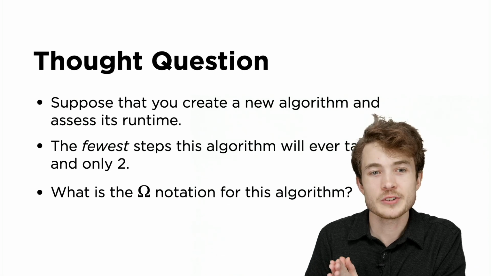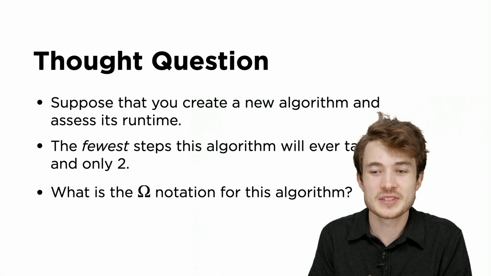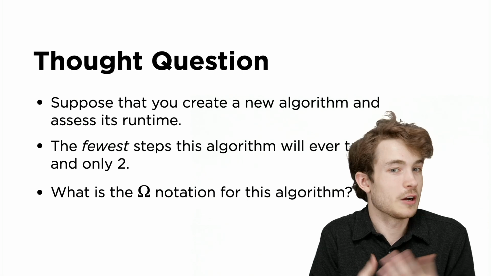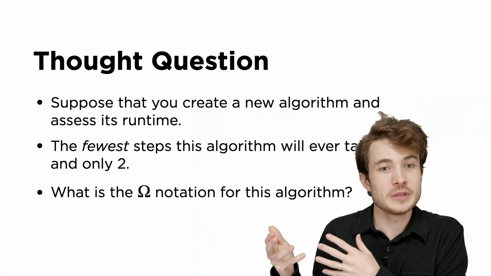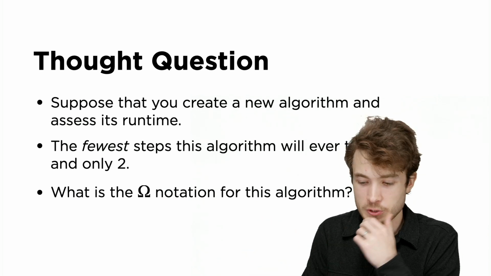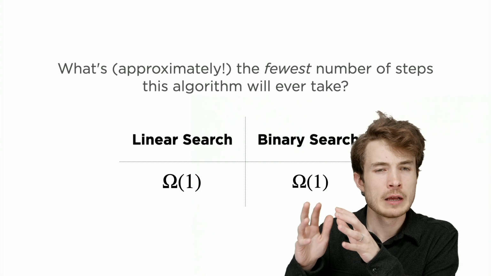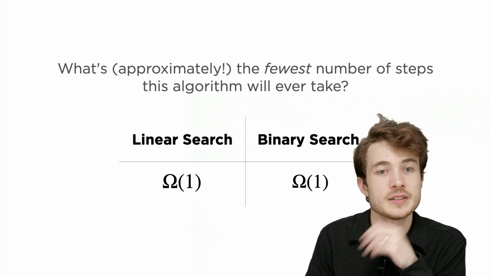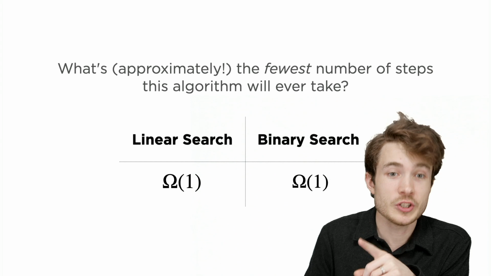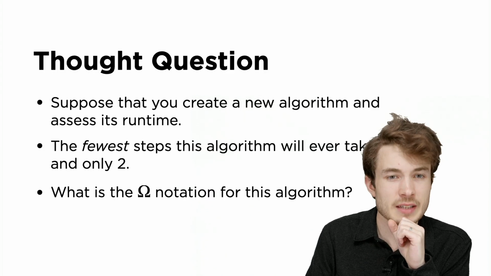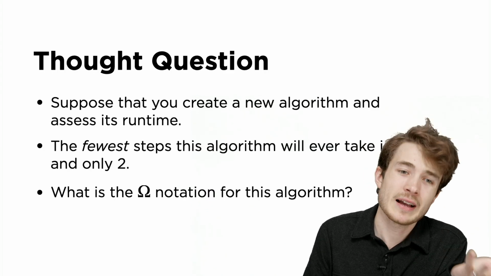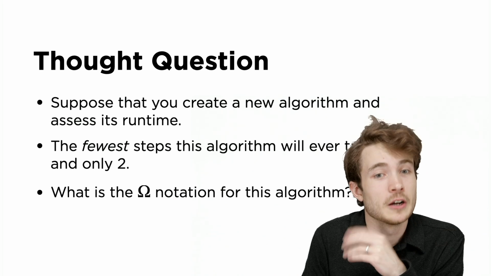I'm seeing a few answers here, which is actually what I had hoped for. So I'm seeing some saying it would be omega of 1, and some saying it would be omega of 2. So if we go back here, maybe we wouldn't have omega parentheses 1, but we instead have omega parentheses 2. And I think it's a good intuition. If you know that the best case will take you 2 steps, it kind of just makes sense to write omega of 2.